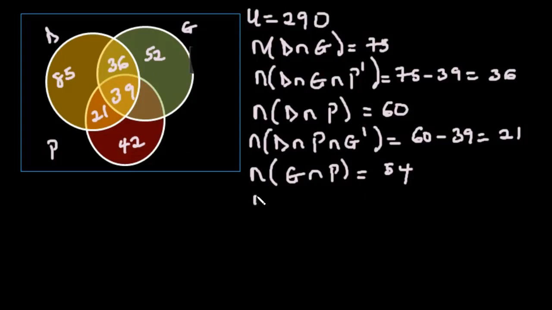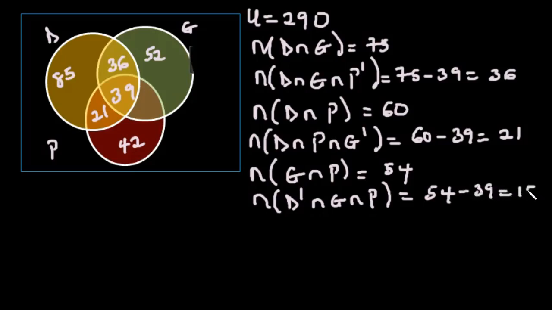So what we are looking for is the number of people who do not read Daily Times, but they read Guardian and they also read Punch. And that's going to be 54 minus X. Our X is 39, and that is 15. So we can have our 15 here. So number of people who do not read any of these papers is 0. And that is all. We've filled up all our spaces.